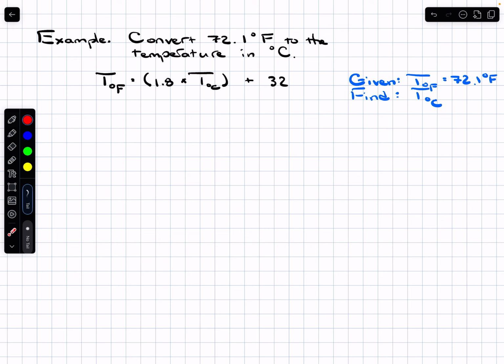So how are we going to do that? Well, one thing you should notice is that the term that contains the temperature in degrees Celsius is isolated from the rest of the equation by a set of parentheses. So we've got over here this stuff in parentheses. So this stuff is together.